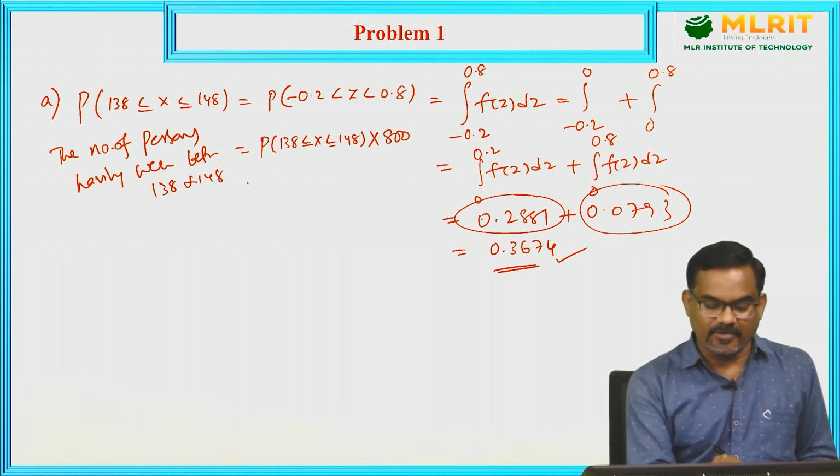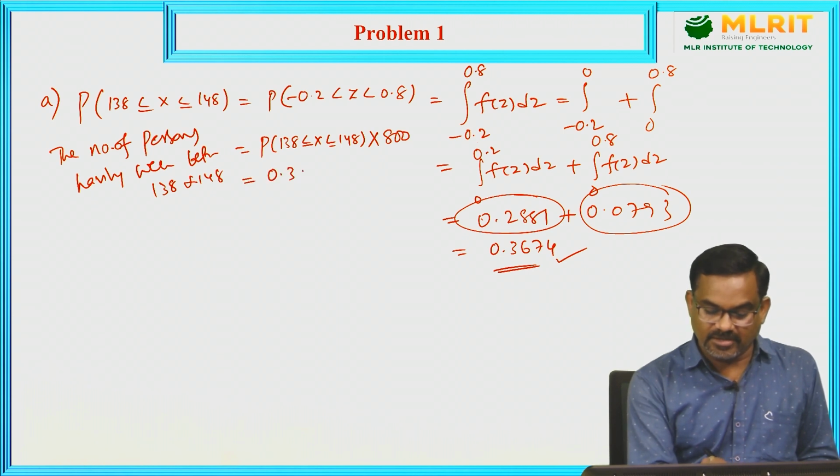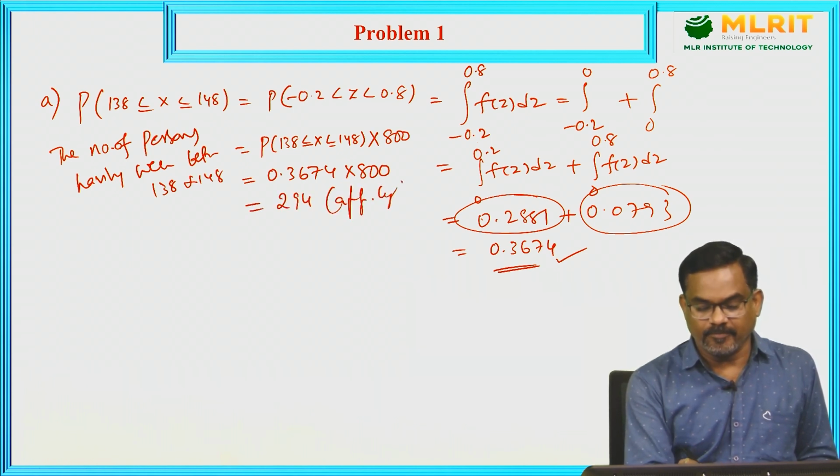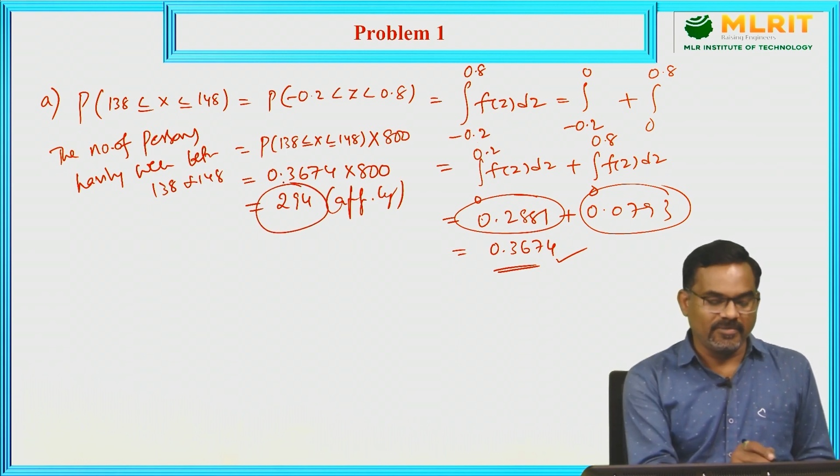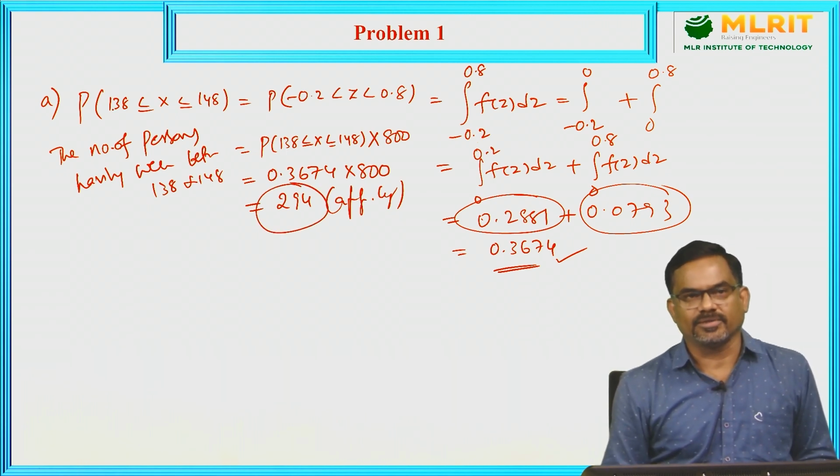So, 0.3674 into 800, which results in approximately 294. So, 294 persons are between 138 and 148 pounds.